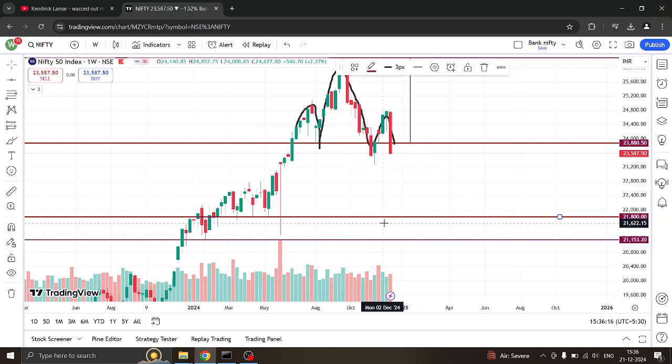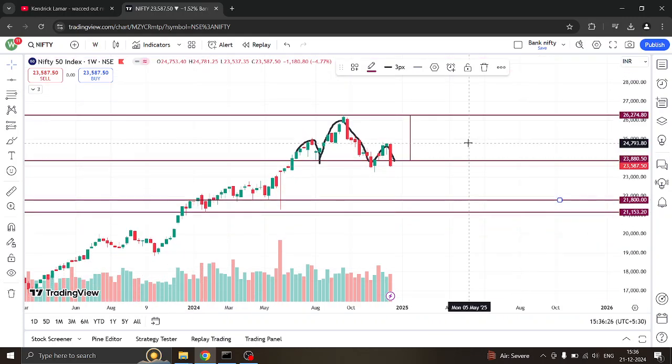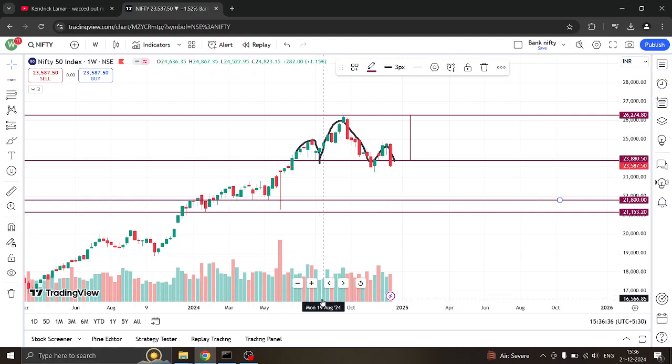Okay, and Nifty has taken support at the 21,153 level as well. So you can see one bounce, two bounces. That's why I've sold some of my holdings and I will buy my desired stocks once again at this level, between 21,153 and 21,800.